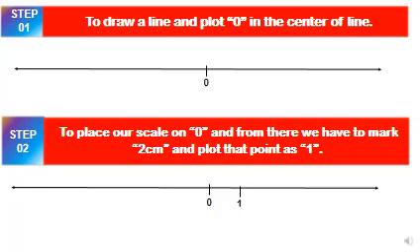Name that center as O. Our second step is to place our scale on the point O, and from that point O we have to mark 2 centimeters, and after that 2 centimeters we have to plot our number as 1. We have to keep the gap between O, or between 0 and 1, of 2 centimeters.